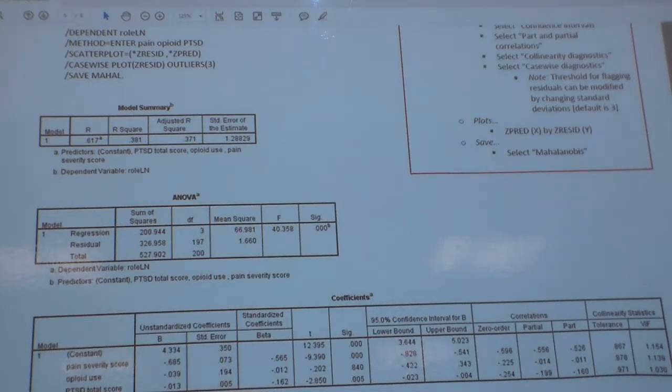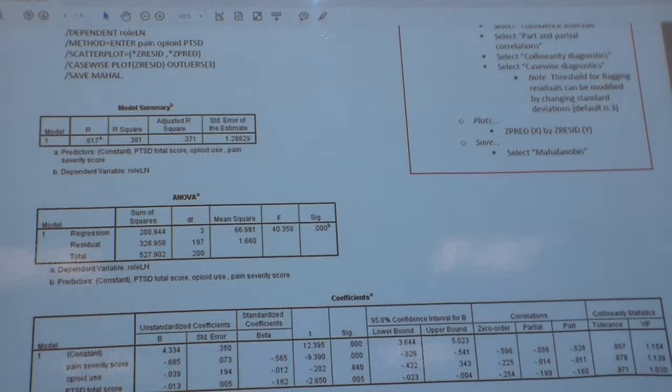So remember, here's this, here's this, here's this, right? Exactly. And so what we're looking at with our squared partial correlation is the proportion of residual variability in the natural log of role functioning that's attributable to whatever the predictor is.